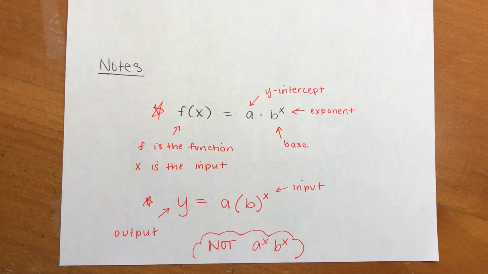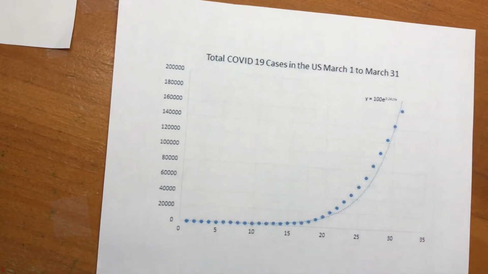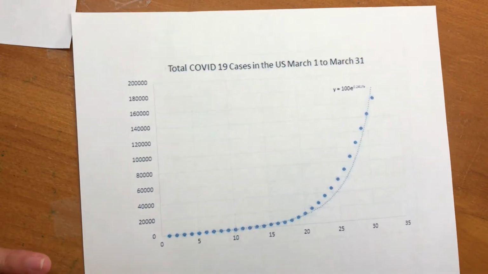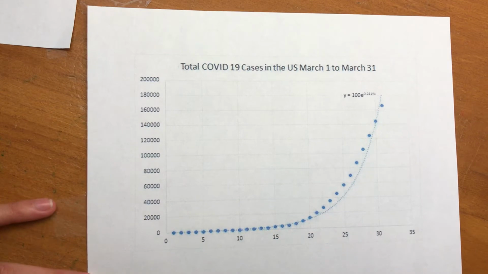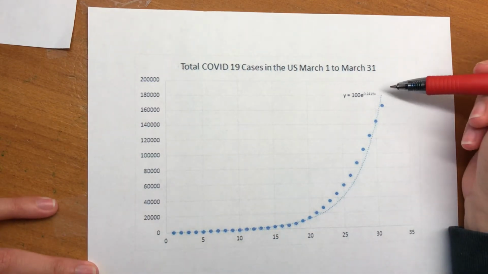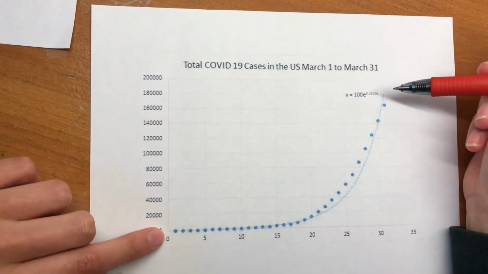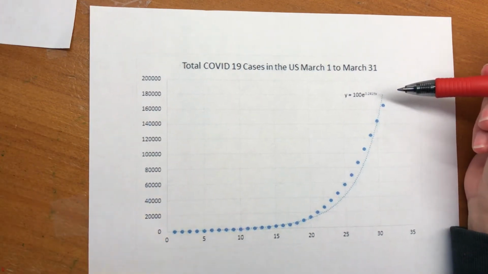Okay, so let's get to our example. You should recognize this graph from yesterday, and this is data that I collected myself from a website that I can link. But basically, this is the total number of COVID cases in the US starting on March 1st. So day 1 would be March 1st. And I've cut this one off at March 31st.